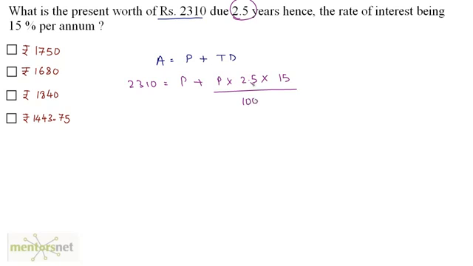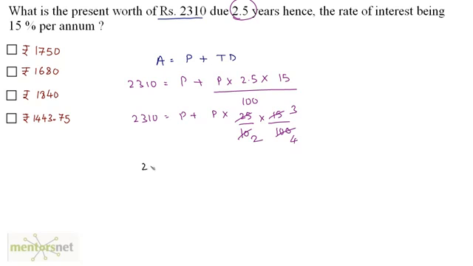Right. Now this can be written as 2310 is equal to P plus P into 2.5, which can be written as 25 by 10, times 15 upon 100, isn't it? 25 times 4 is 100, and 5 times 3 is 15, and 5 times 2.